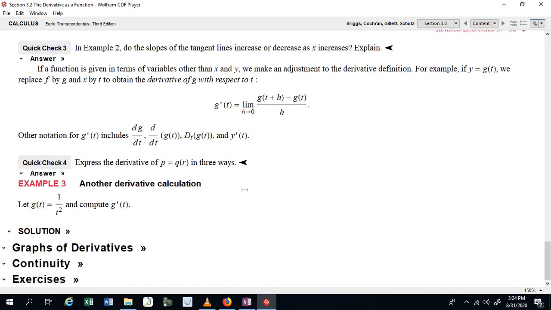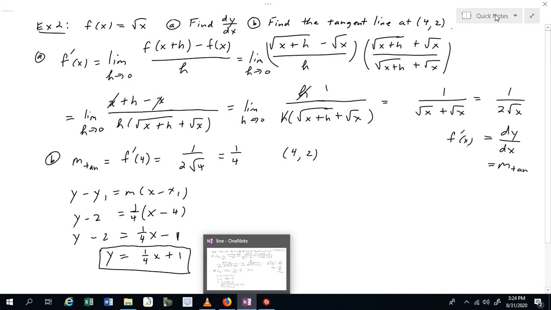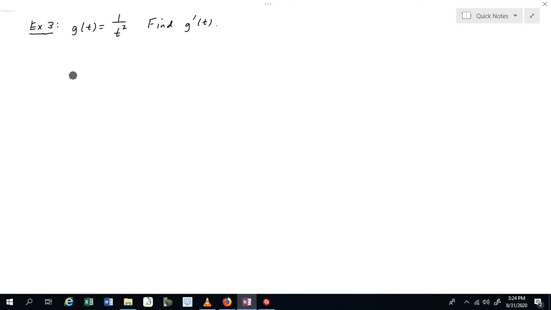Okay, so let's look at one more. Let's find the derivative of this function, 1 over t squared. Okay, so let's go back to the definition of a derivative.